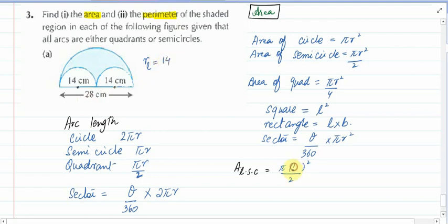So 14 square is 196 pi divided by 2, and 196 divided by 2 into pi, it's 307.9. So I take it as 308 centimeter square. So that is the area of the larger semicircle, right?